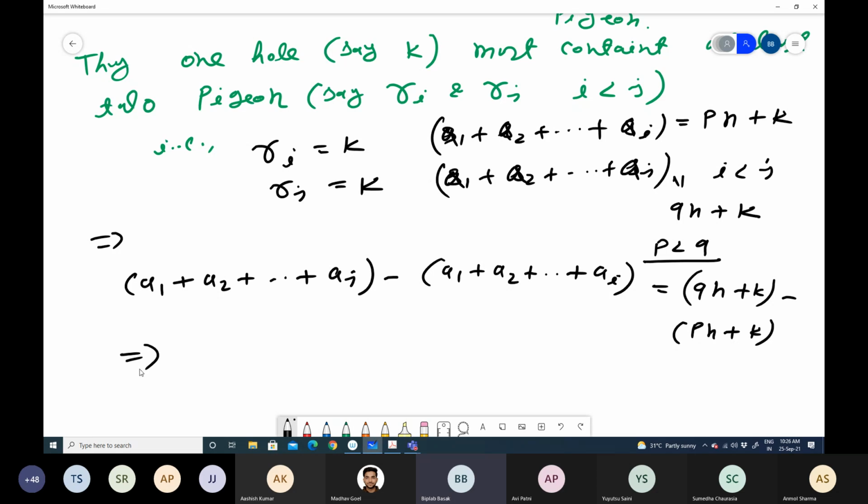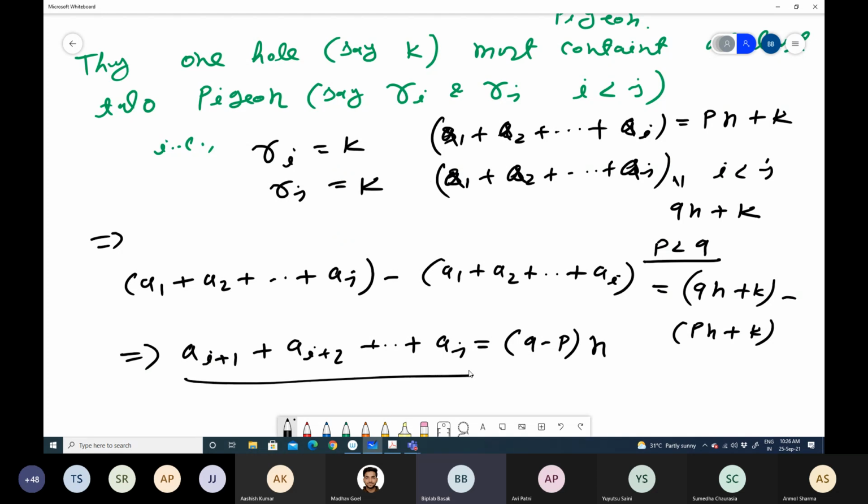That gives a_{i+1} plus a_{i+2} up to aj, which is q minus p times n. So that is divisible by n.